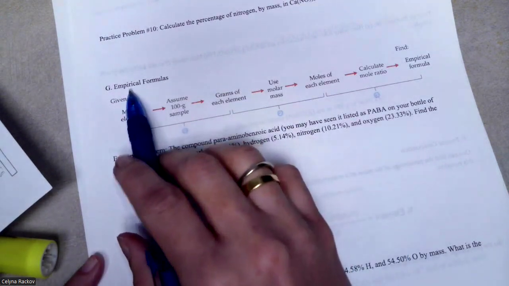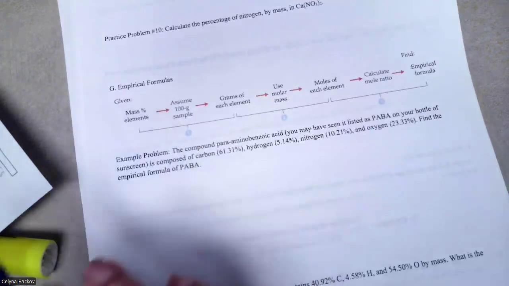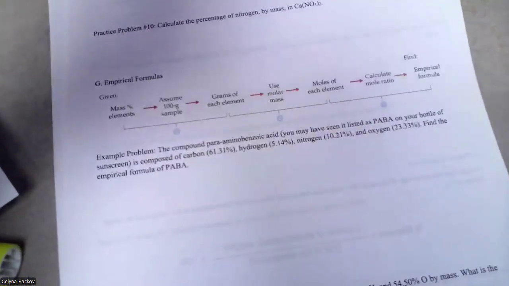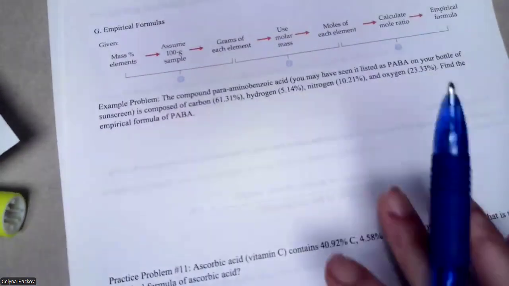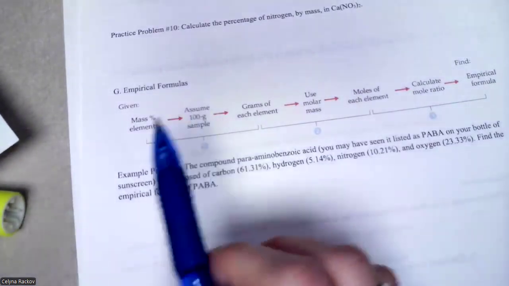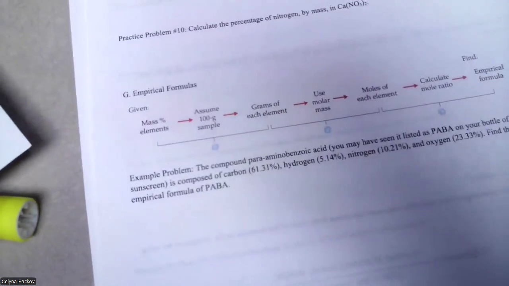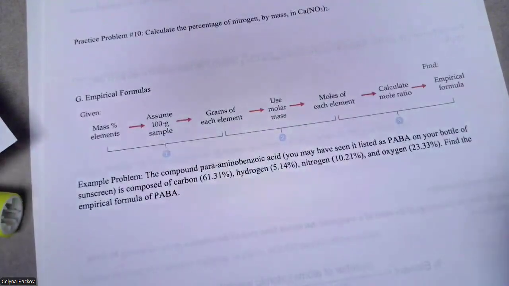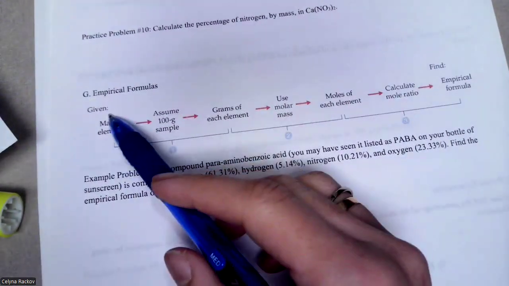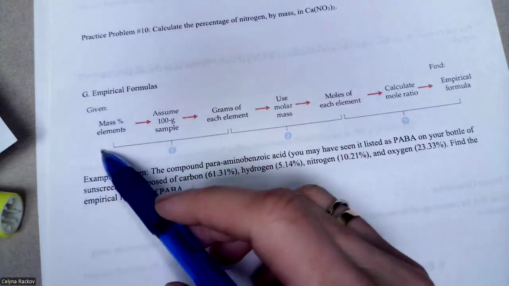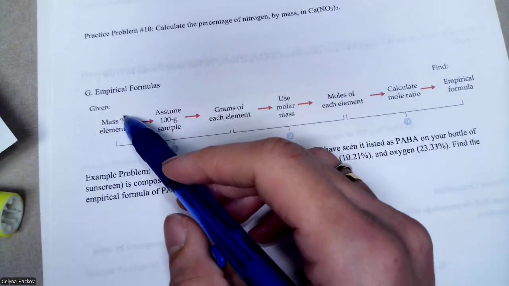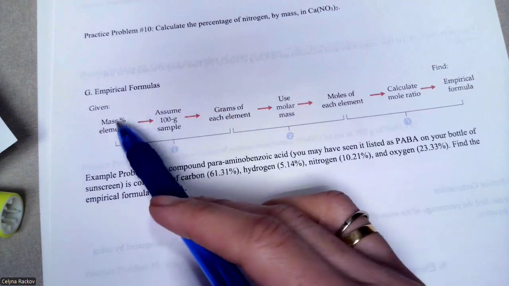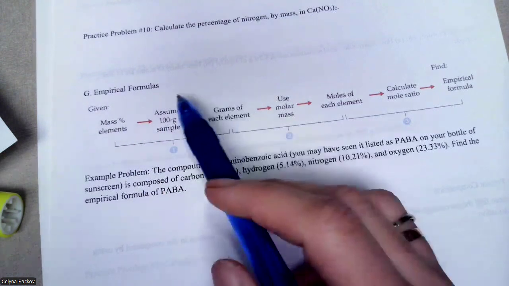So the steps are: first, the questions about the empirical formula usually will be given in percentage, the mass percentage, and assuming that the total is 100 grams, the same number in percentage will be the same number in grams.